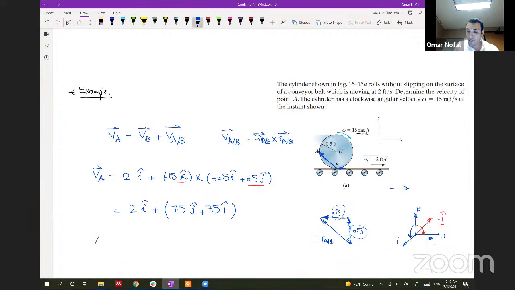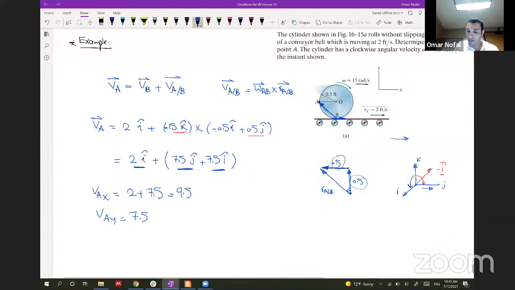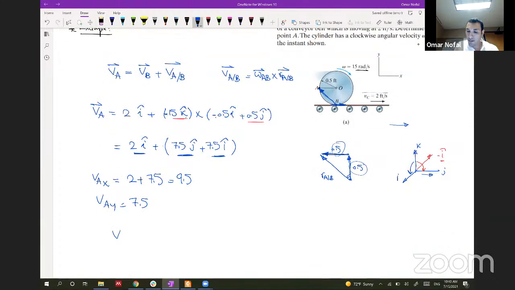So for the VA in the X direction, we sum all the I hat components. So we'll have 2 plus 7.5, which gives us 9.5. The VA in the Y direction will be only 7.5. So V at A will be equal to 9.5 in the I hat direction plus 7.5 in the J hat direction.